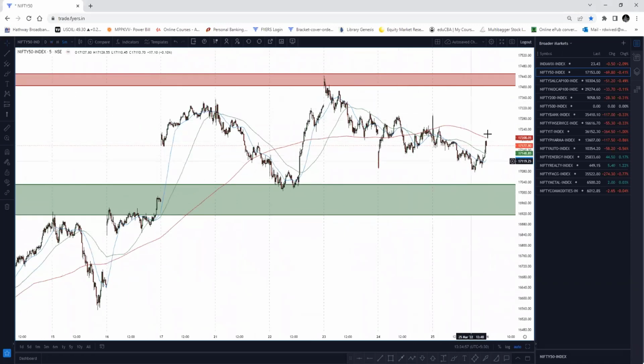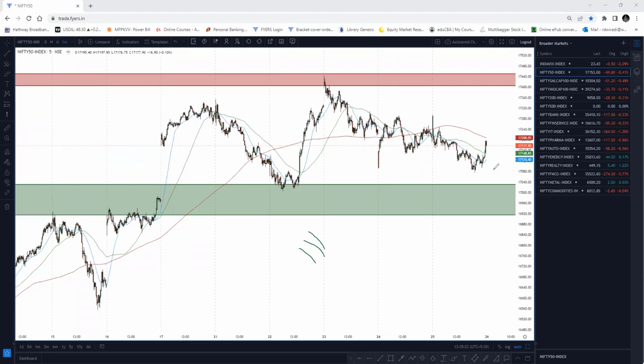So we are between the resistance and support zone, so this is not an ideal area where we should take the trade. And if you can see the alignment of moving averages, it indicates a downturn, right? When we have a downtrend going on, we will have the 20 below the 50 and the 50 below the 200, and this is what the alignment is telling us.